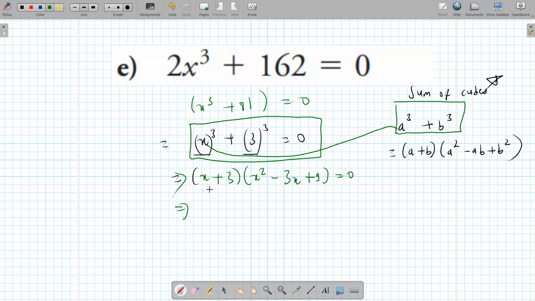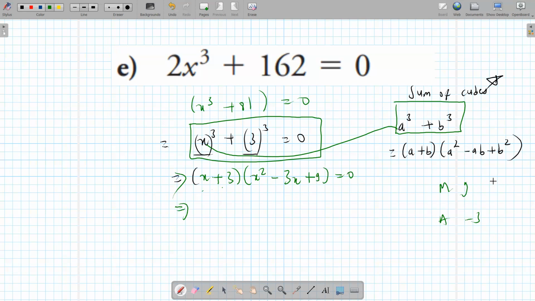Now one of our x-intercepts is minus 3. And now for the other one, two numbers that multiply to 9 and add up to negative 3, do they exist? No, they don't, right?